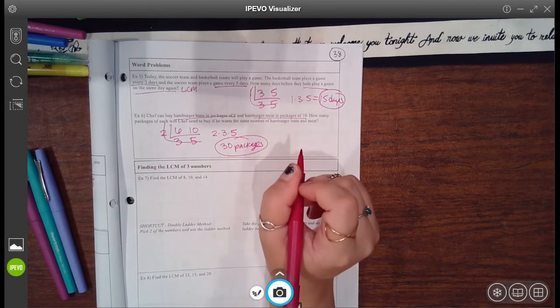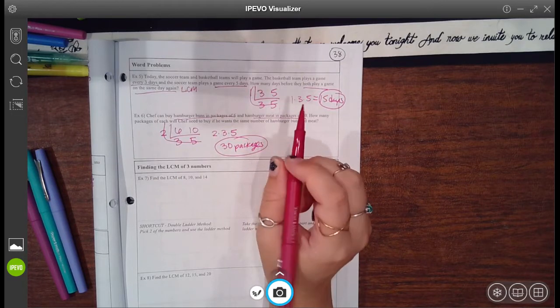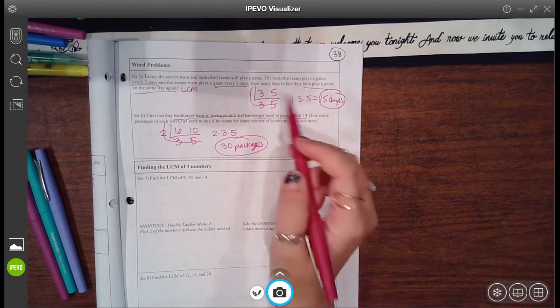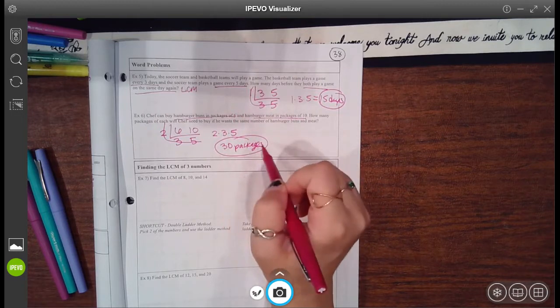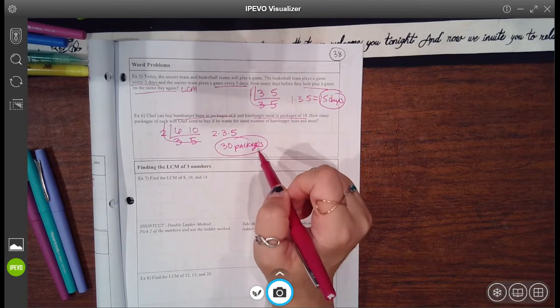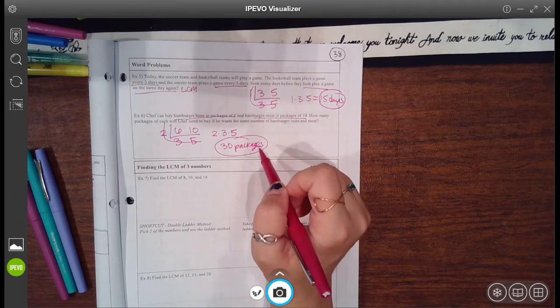Now, that's just what they asked. They asked how many packages do you have to buy, but it's not 30 of each, because then they wouldn't match, right? This has 6 and this has 10. So the question did ask how many packages. It's 30. But if you wanted to be more specific, that means that technically you want 30 patties and 30 buns.